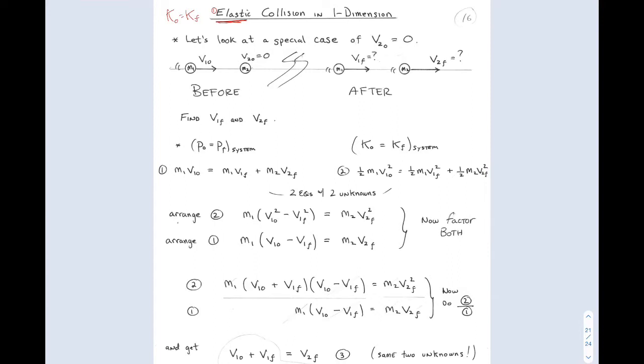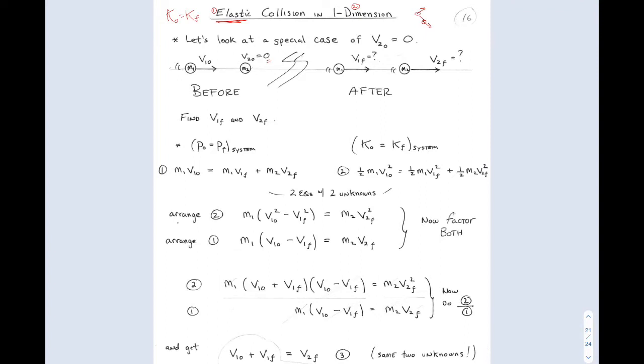Second reason it's a special case is it's one dimension. If it's in two dimensions, these things would hit and one would go one way, one would go the other way, like on a pool table. The other reason is that number 2 is initially at rest.